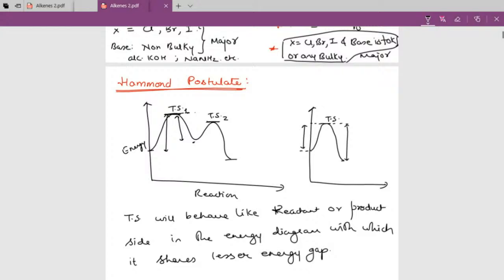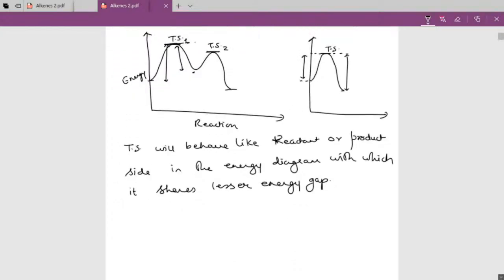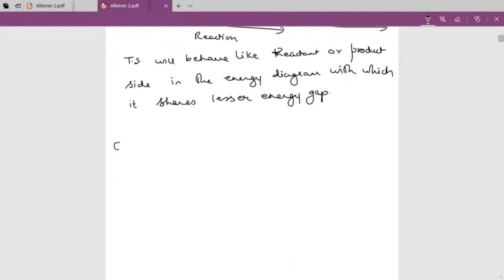That side it will behave like. Okay, so in an endothermic step, and elimination is an endothermic step, I can say that my transition state will behave like products. If I draw the energy diagram for the E2 reaction, my energy diagram is a single step and it is an endothermic reaction.